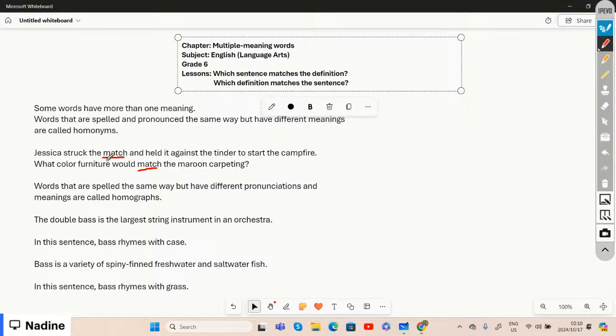And the second match is like matchy matchy, like red goes with black goes with white. That is matching something. Words that are spelled the same way and pronounced the same way, but the meanings are different, we call homonyms.